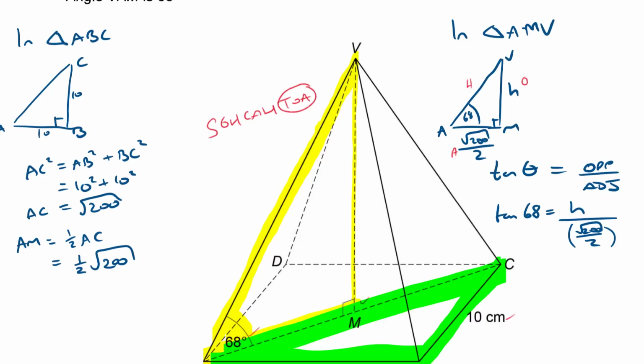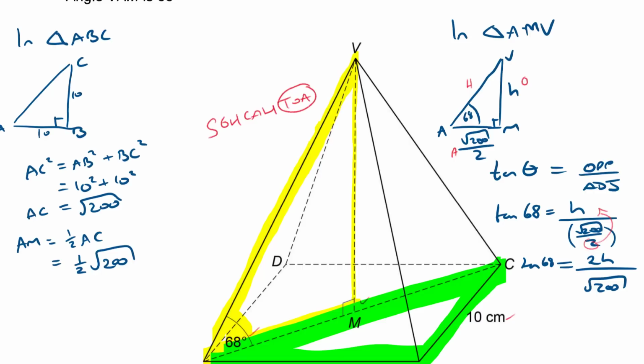Dividing by a fraction is the same as flipping that fraction over and times-ing. So actually, tan 68 is the same as 2H over root 200, just taking that 2 down there and popping it up to the top. Dividing by a fraction is times-ing, isn't it? So I've got tan 68 is 2H over root 200.